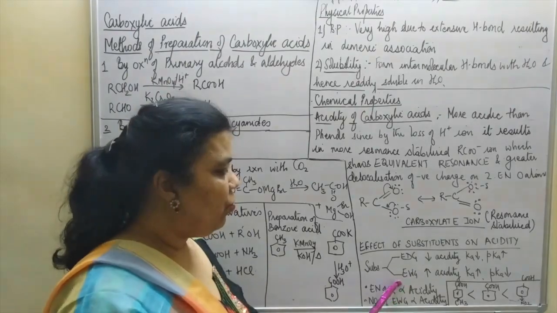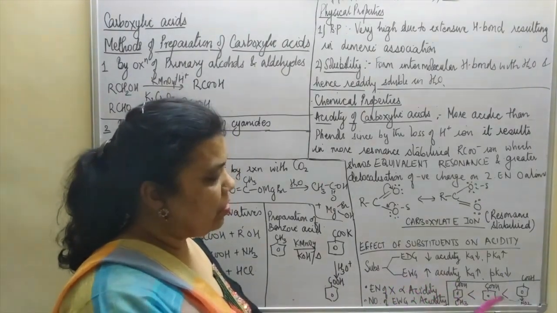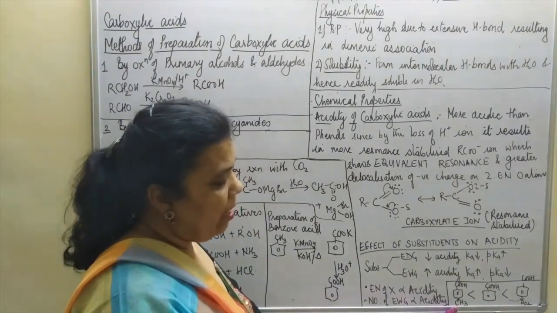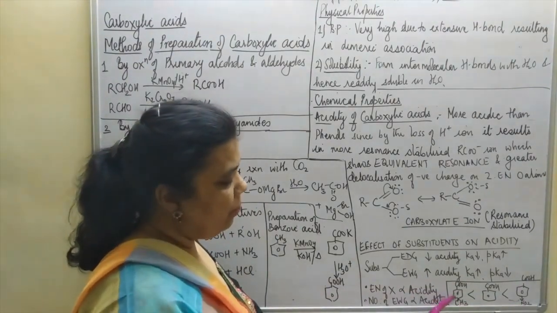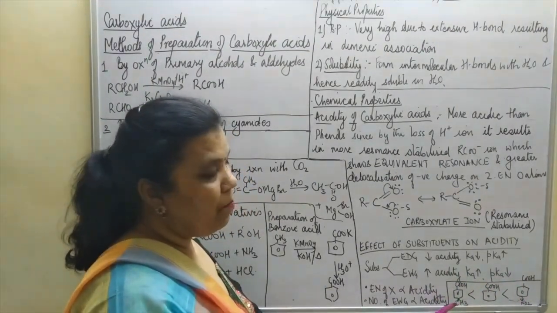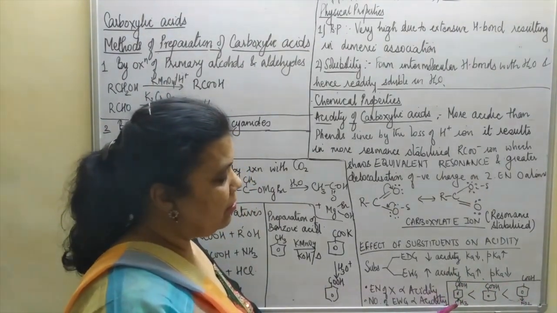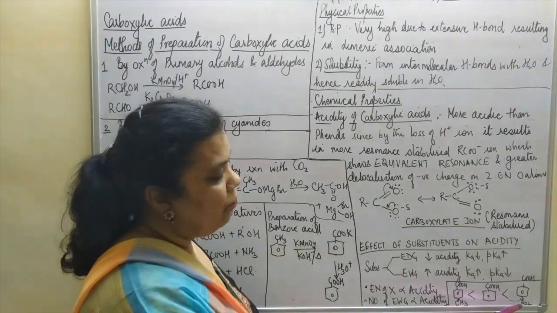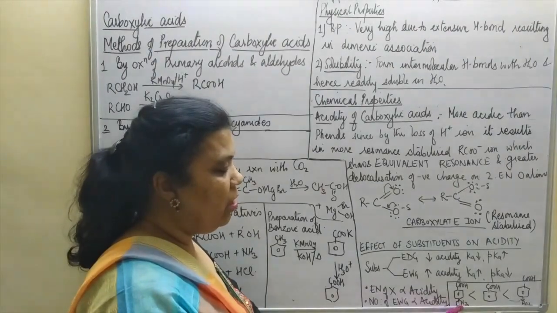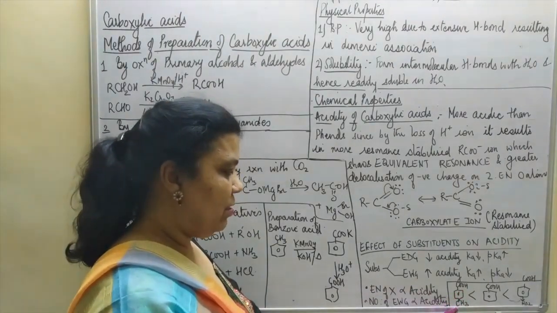So for example, the nitro group is electron withdrawing, but the methyl group is electron donating. If you are asked to compare or arrange these three sets of compounds in the increasing order of their acidity, then remember that withdrawing groups will increase the acidity and donating groups will decrease the acidity.